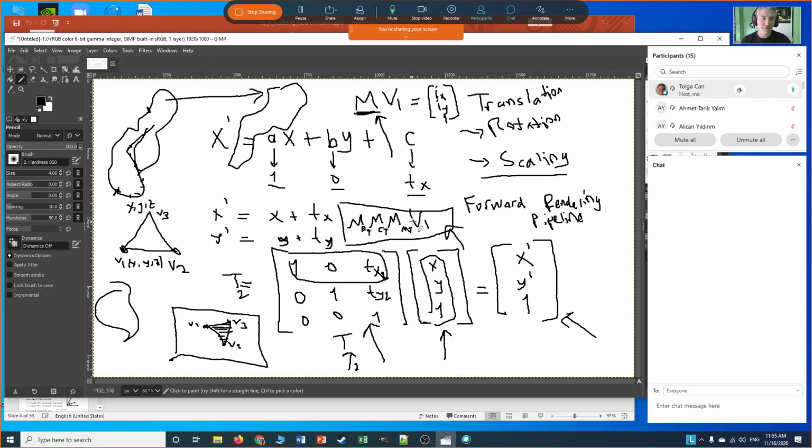And all of these are matrices, and they will all be 4x4 matrices in the three-dimensional world. If you're trying to render a three-dimensional world, all of these will be 4x4 matrices.